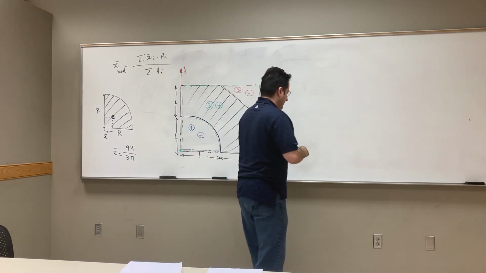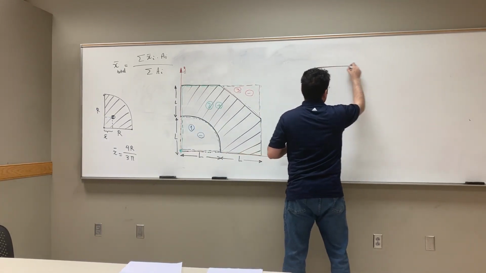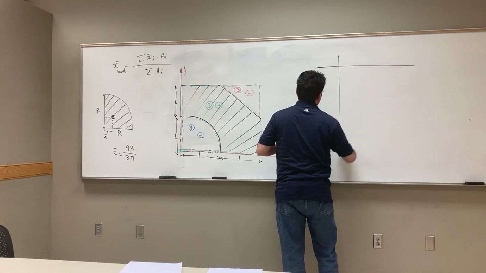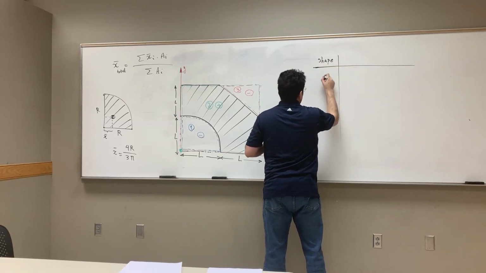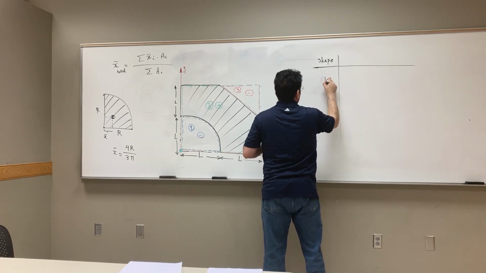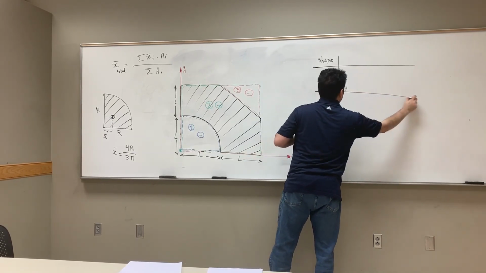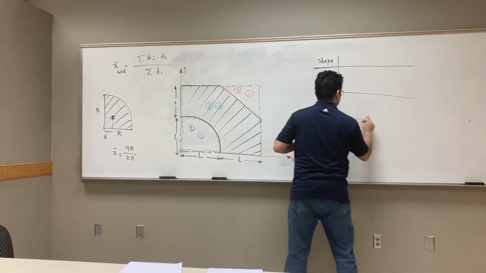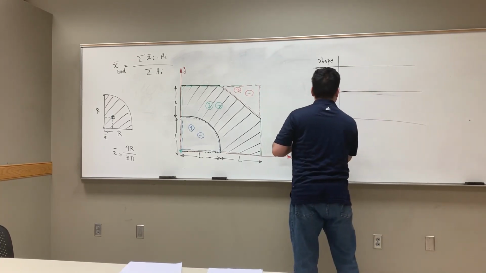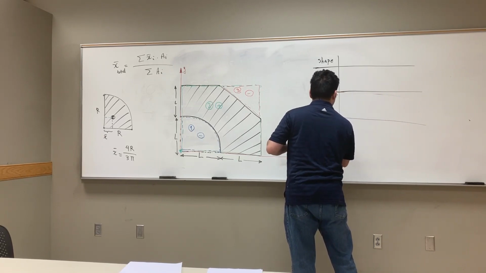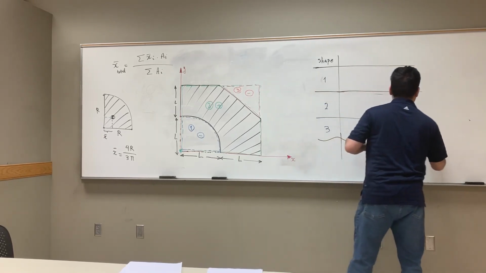But in order to keep yourself organized, you just go ahead and draw a little table. Shape, standard table, shape number 1, shape number 2, and shape number 3, and this is the sum.